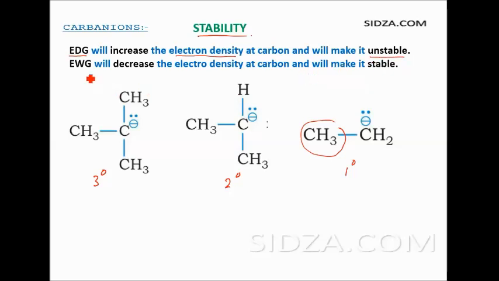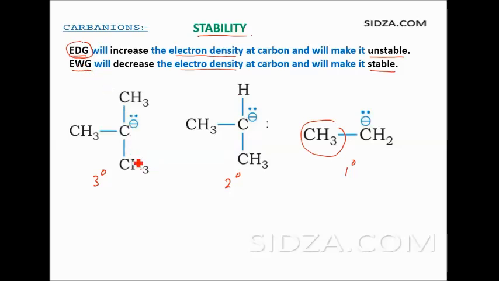But if you attach an electron withdrawing group, not electron releasing but rather electron withdrawing, a group which can withdraw electrons from the carbon, that will decrease the electron density, that will decrease the negative charge on the carbon and make it stable. So because of electron donating groups, the carbanion becomes unstable, and with electron withdrawing groups, it becomes stable.